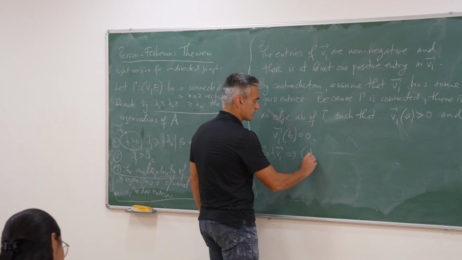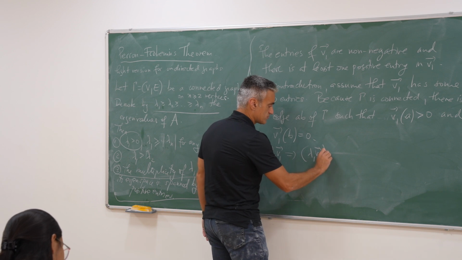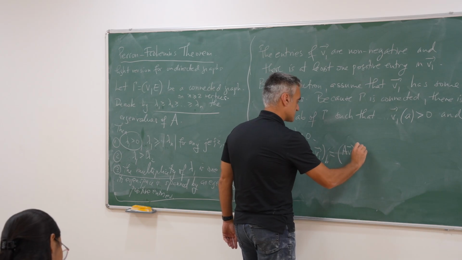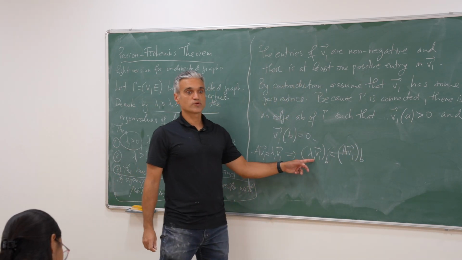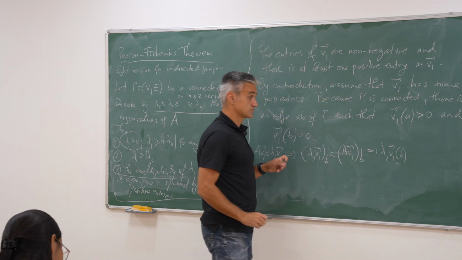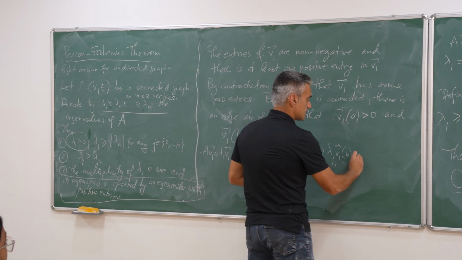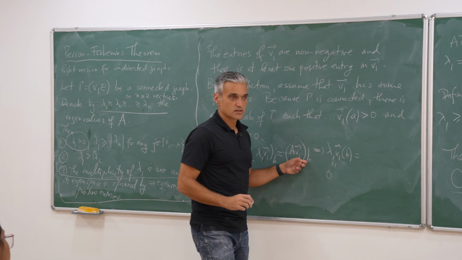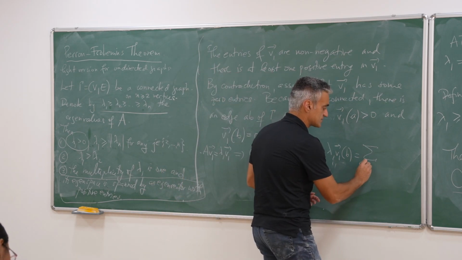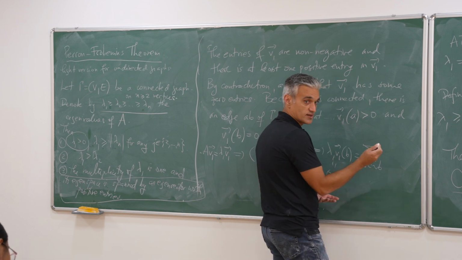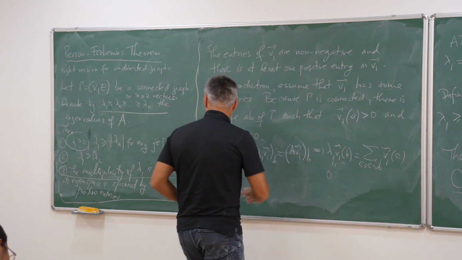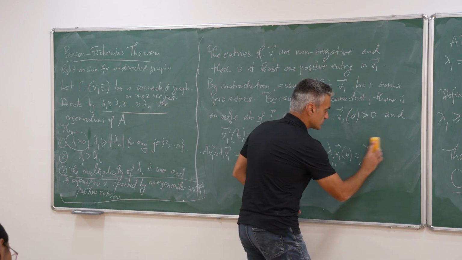So let me write it this way: lambda 1 V1 in the position B equals the A V1 in the position B. So lambda 1 V1 of B, which is 0, is going to be A V1 in B. A V1 in B, it's a sum over all, let's say, C adjacent to B, of V1 of C. Maybe let me do it in one step before I do this.